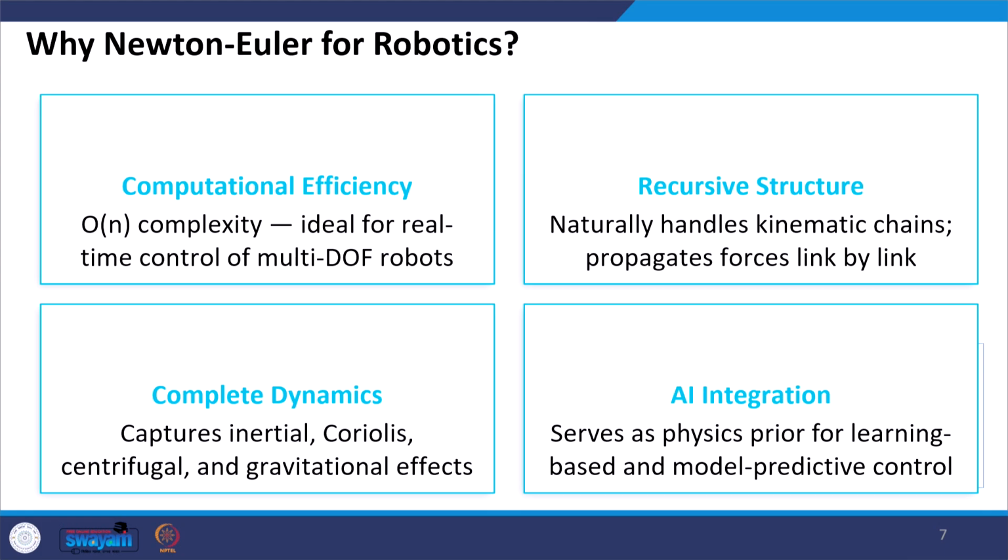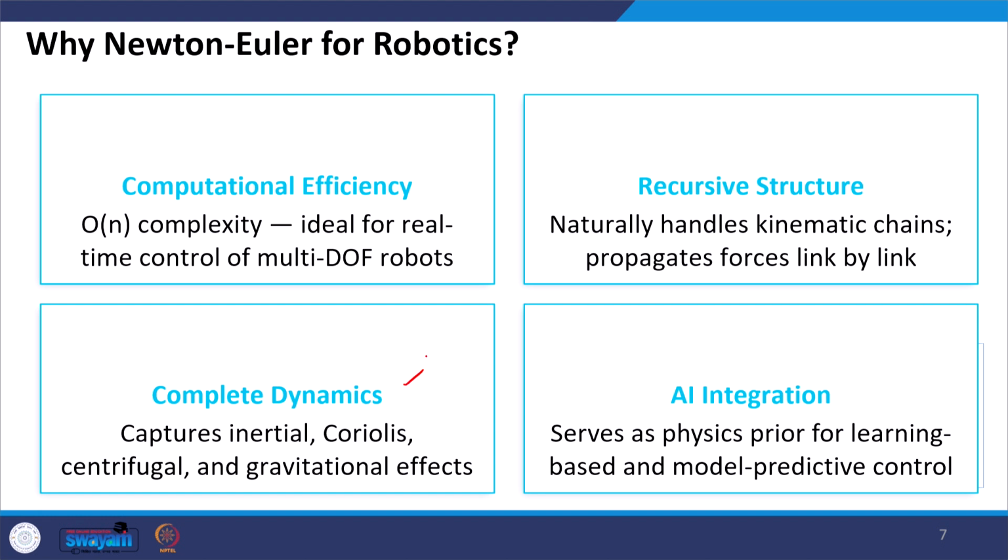So, order n complexity is there. Okay. It is ideal for real time control of multi-degree of freedom robots. Its structure is recursive. I have already discussed, we are going to see in the coming slides how that recursion is there. Okay. So, it naturally handles kinematic chains, propagates forces link by link.